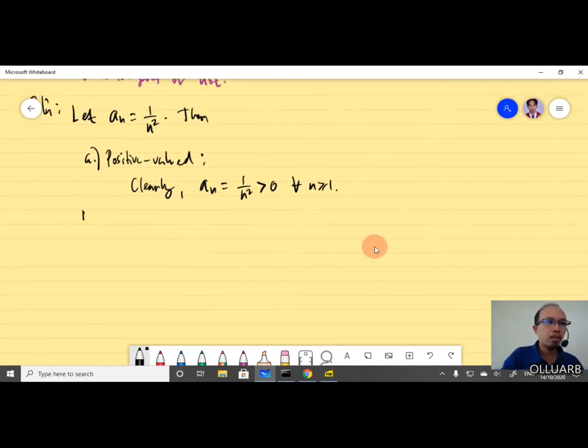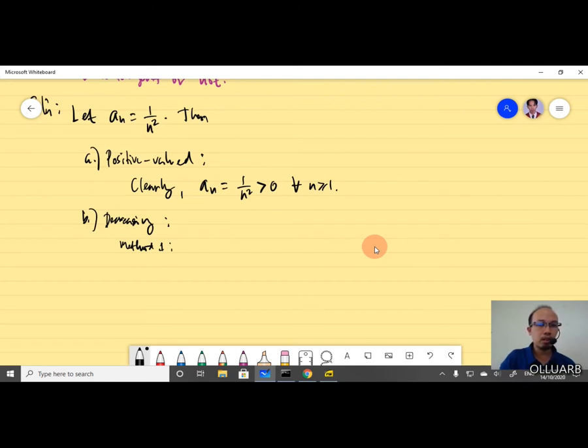Letter B, decreasing. Or if you use the first method, so we will use method 1. You can use either of the three.